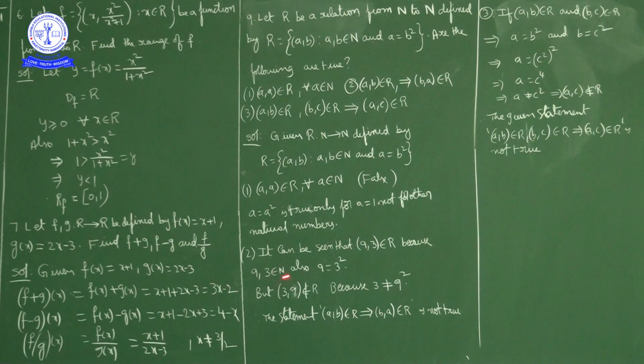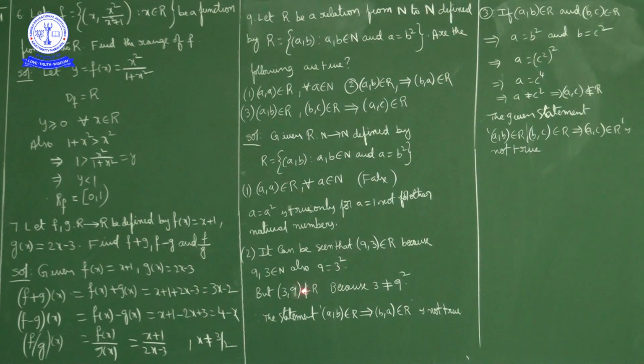But (3, 9) does not belong to R, because here first element is not the square of second element. 3 is not equal to 9 square. So (9, 3) belongs to R, but (3, 9) does not belong to R.